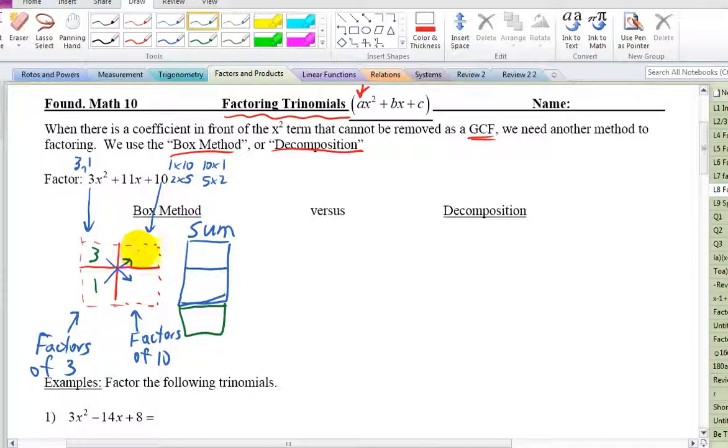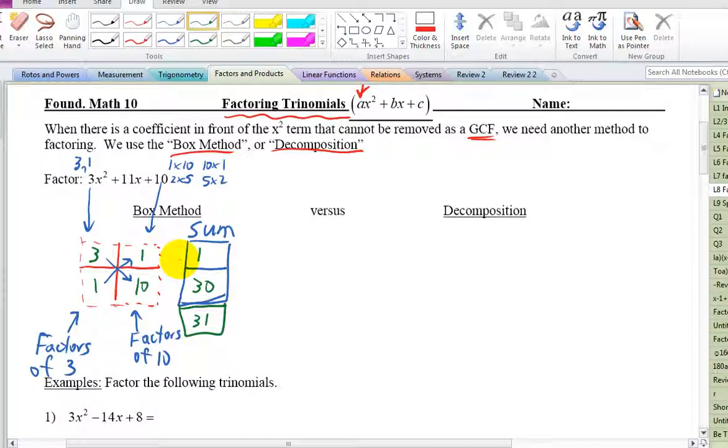Sure. So let's just put down 1 and 10. Now let's cross multiply. So 1 times 1 will give us 1, and we'll write the answer up top. Okay. So we go from the bottom to the top and slide the answer over. 3 times 10 will give us 30. Altogether, that's 31.